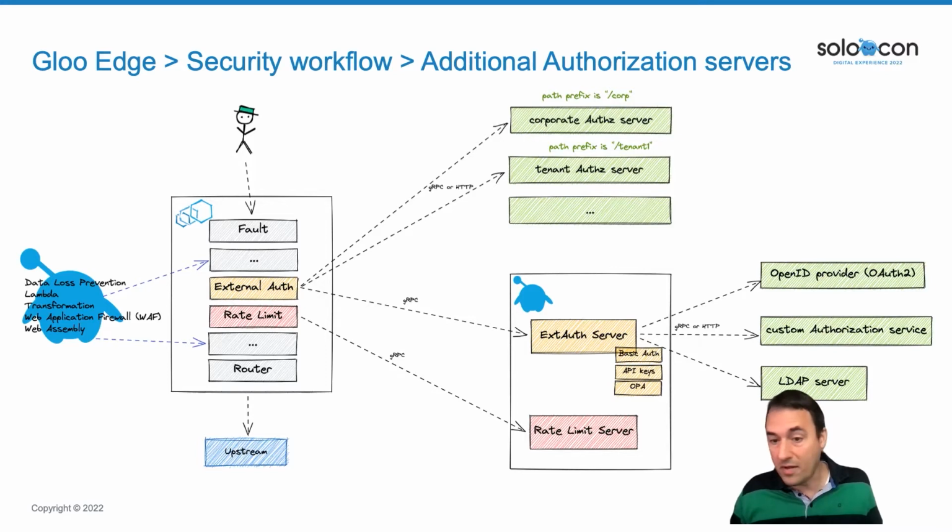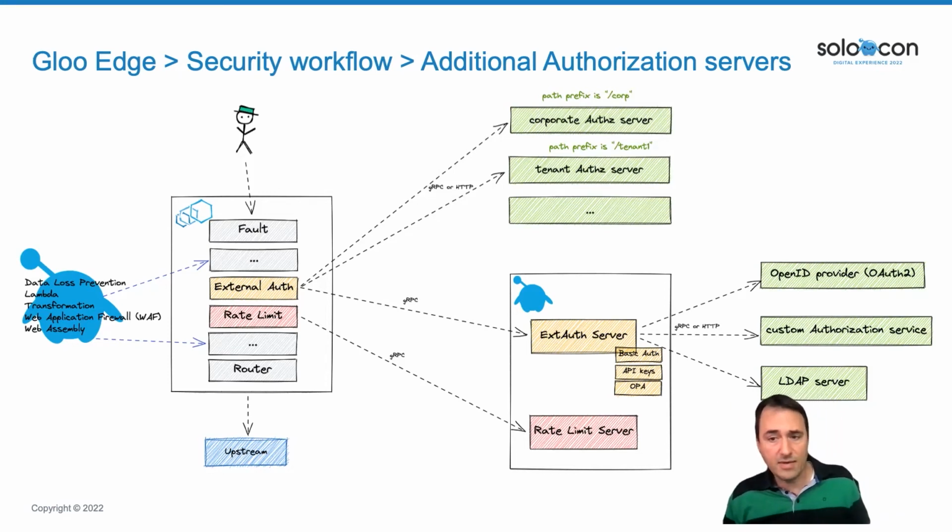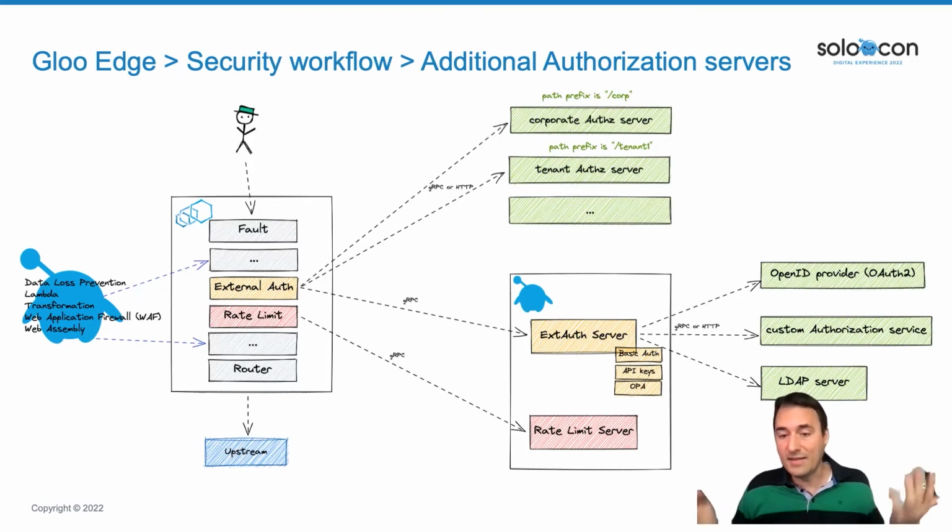In the route for another, you can use another server, as many as you want, and also combine with the extauth server. So you can say the default is the extauth server, and for particular routes, I use particular authorization servers. That gives us a lot of flexibility, for example, when we want to implement a tenant-based scenario.